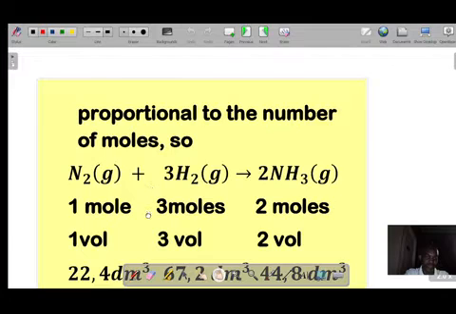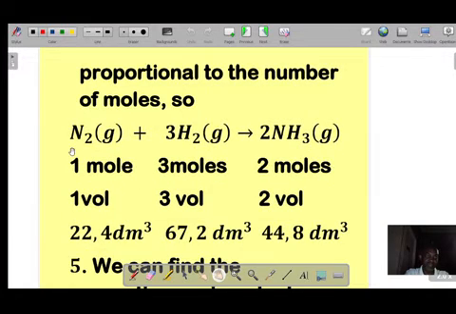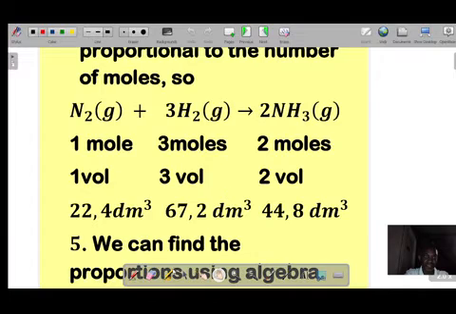For example, if I have nitrogen gas plus 3 hydrogen gas to give me ammonia, what is my molar ratio? My molar ratio is this one here. I have 1 mole of nitrogen gas plus 3 moles of hydrogen gas to give me 2 moles of ammonia.